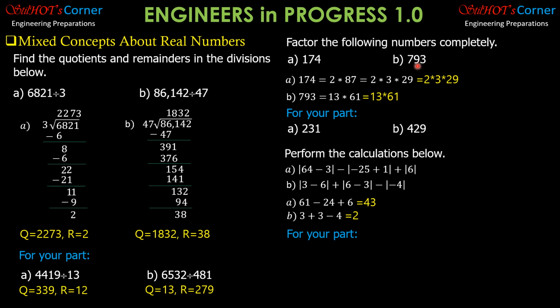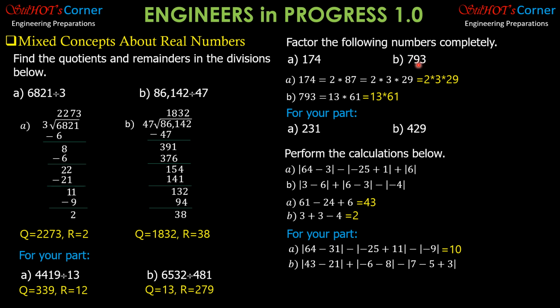Next, 11. 79 divided by 11 is 7. 7 times 11, 77. So 79 minus 77, 2. Bring down 3, 23. 23 cannot be divided by 11. So 11 is not a factor.